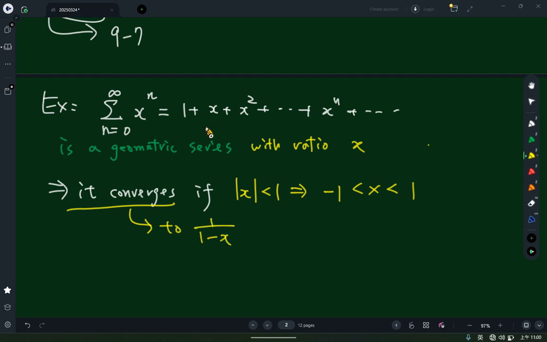So I just want to use this simple example to show why we should have the power series, or later on the Taylor series.